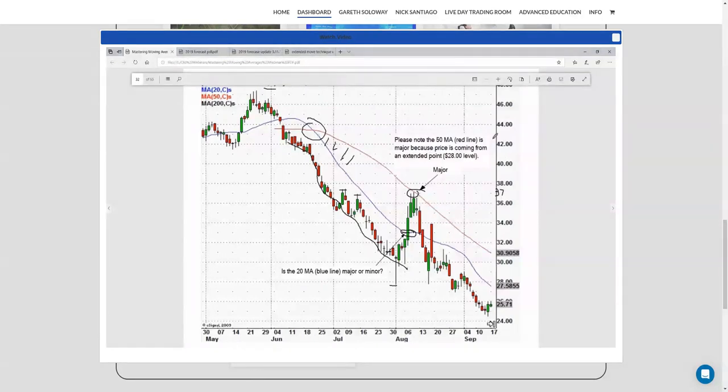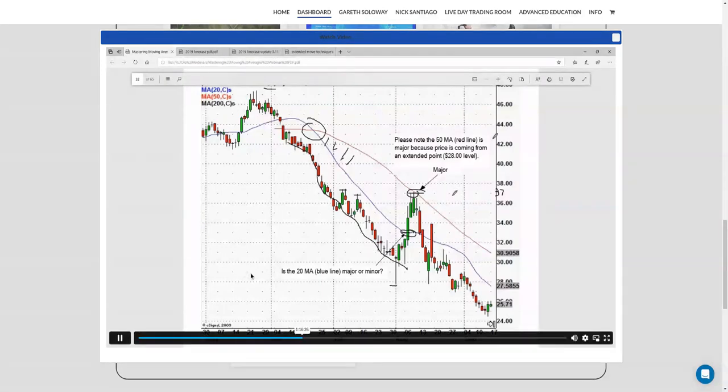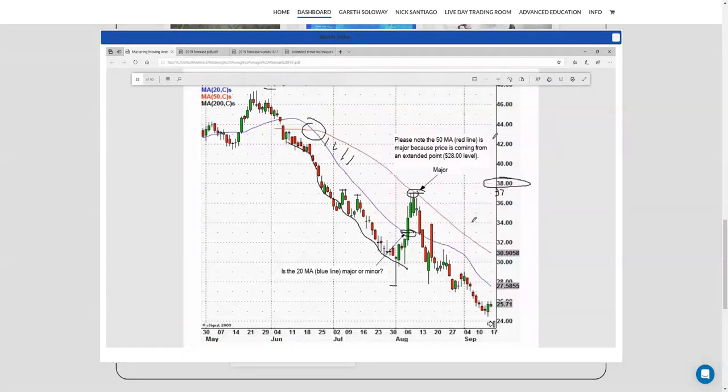Everybody see that? Now, real quick, what would your stop out be? If you take the trade short right here, what would your stop out be? Yeah, I would say any close above 38, right?